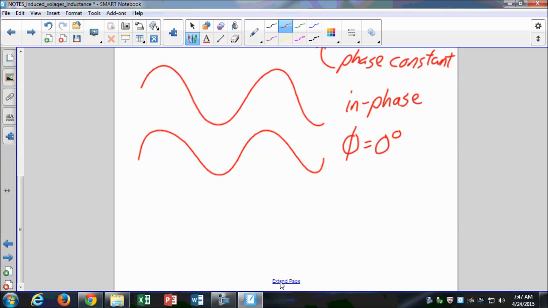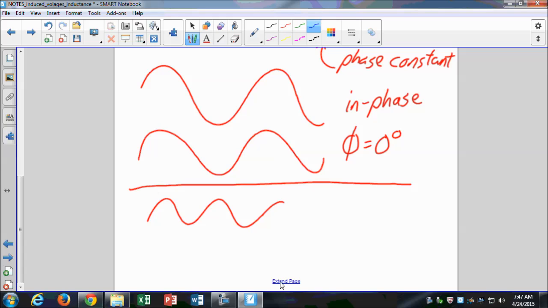All right. You can also have waves that are out of phase. So imagine I have a wave like this, and in waves we have a wavelength. One wavelength, that's one wavelength. If I offset the second wave by a half a wavelength, it's going to look like this.